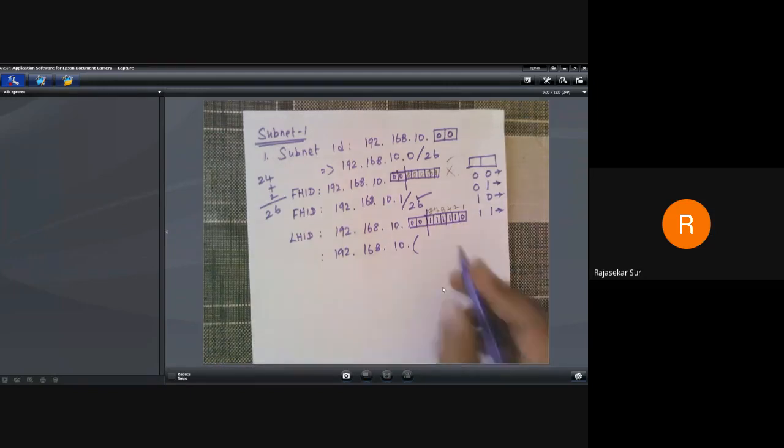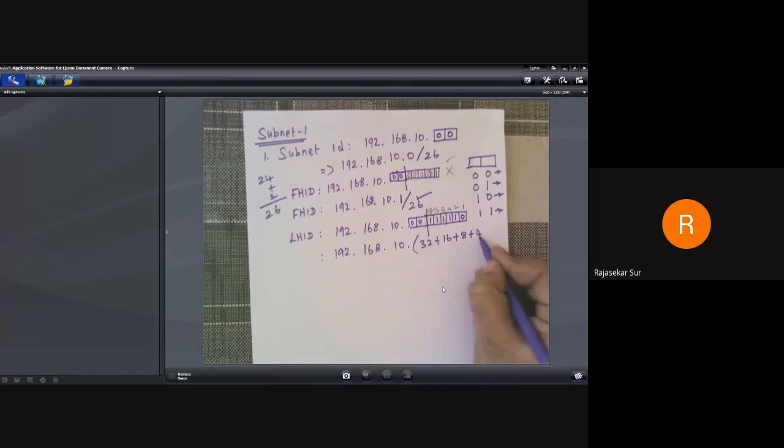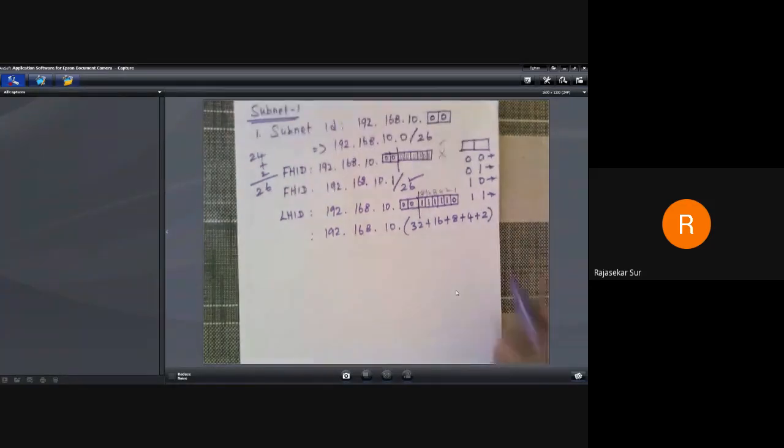So 32 plus 16 plus 8 plus 4 plus 2. 8 plus 2, 10, 10 plus 4, 14, 14 plus 16, 30. 30 plus 32 is 62.